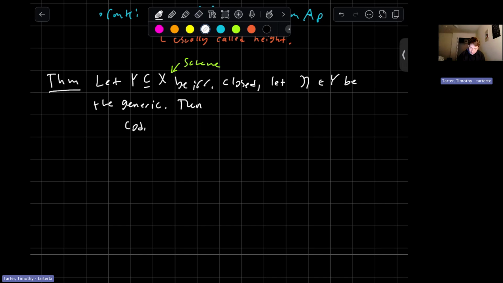Then the codimension of Y is the dimension of the local ring at eta. Maybe it's worth making this blue.